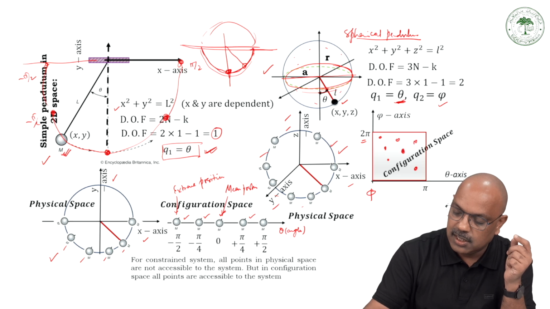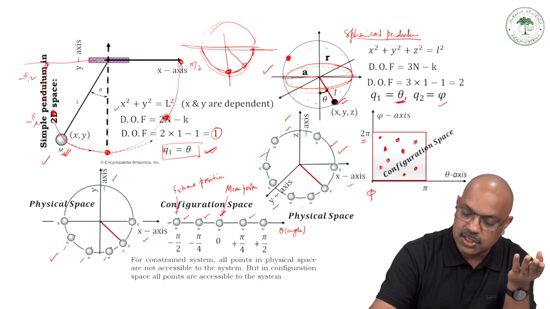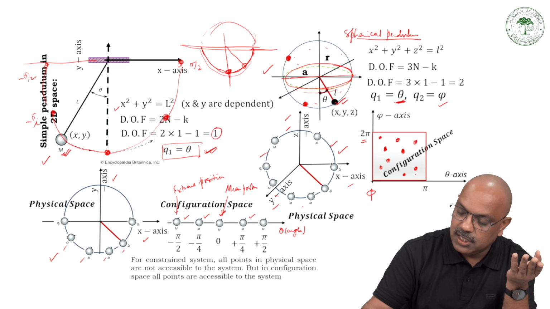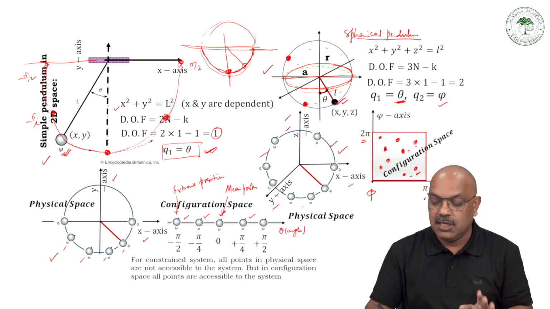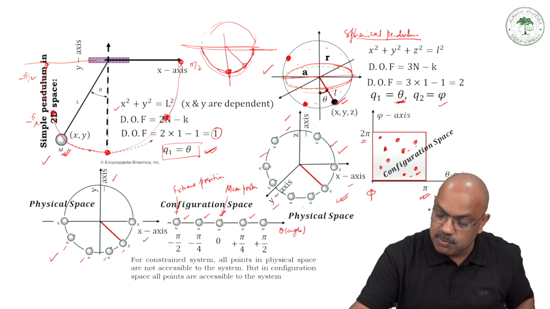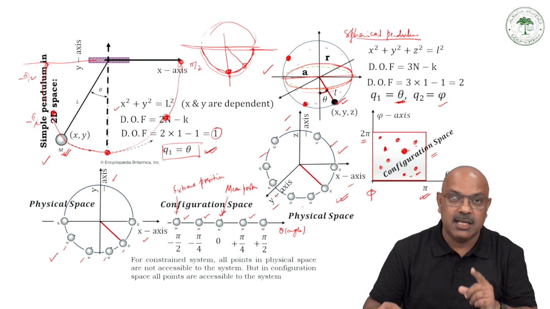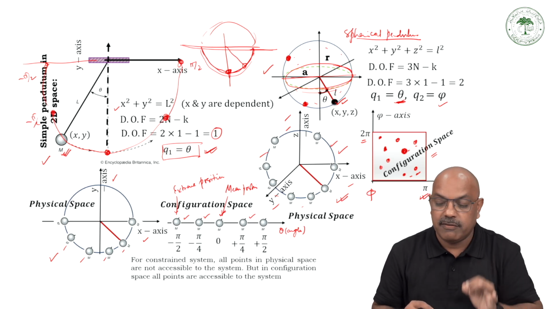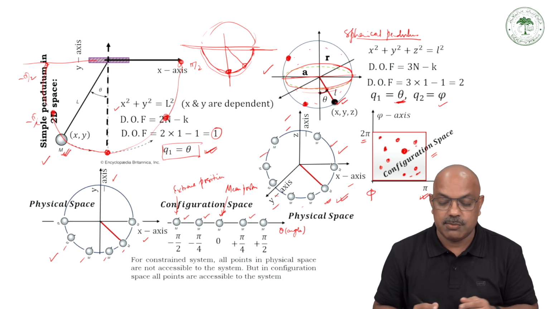Every point on this plane tells me where the bob is, whether it is at this position or that position. So you see, this is my physical space and this is my configuration space. Any point in configuration space defines one unique configuration of the system which is there in the physical space.